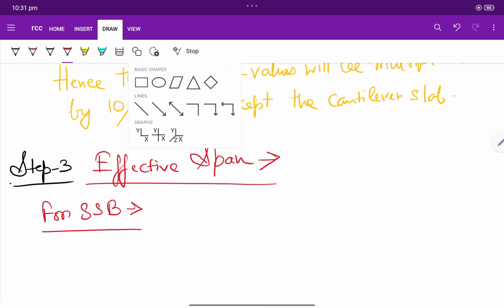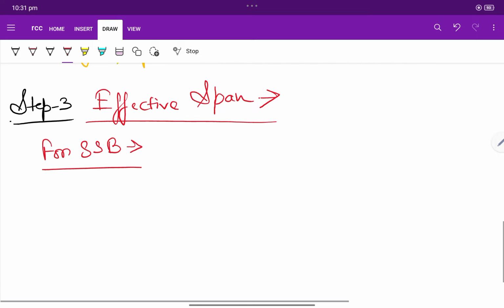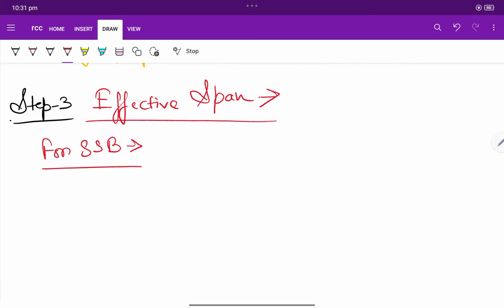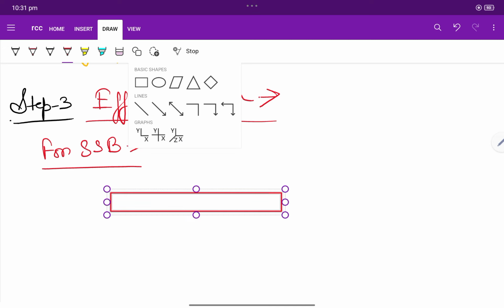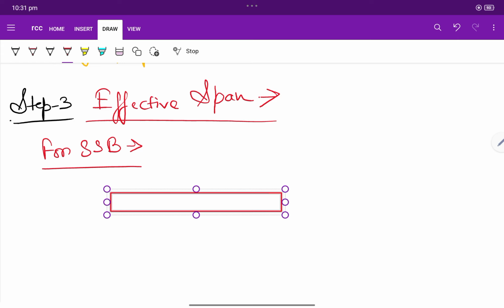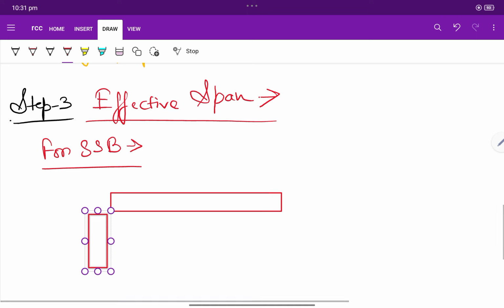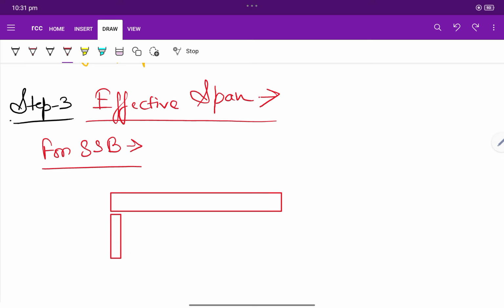Give me a minute, we will draw a simply supported beam.